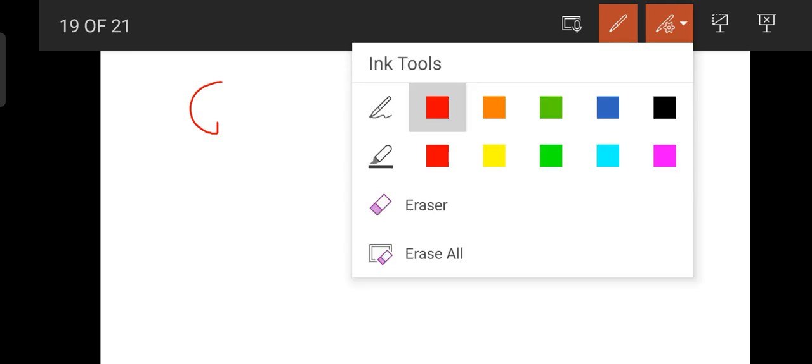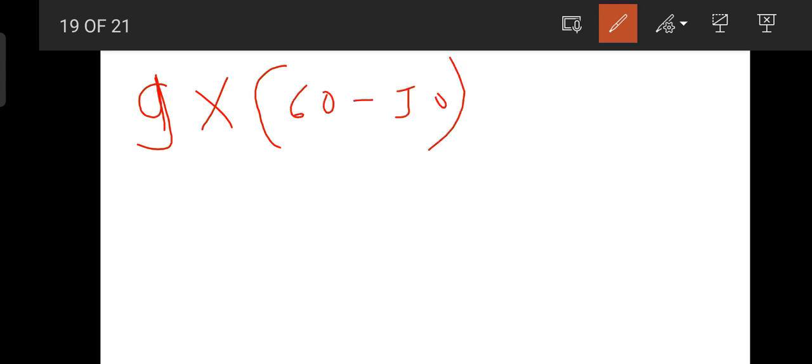So we don't know the weight. So weight into what is the distance? 60 minus 50 is equal to 10, so G into 10. This side we know the weight, 10 gram, and the distance is 100 minus 60.